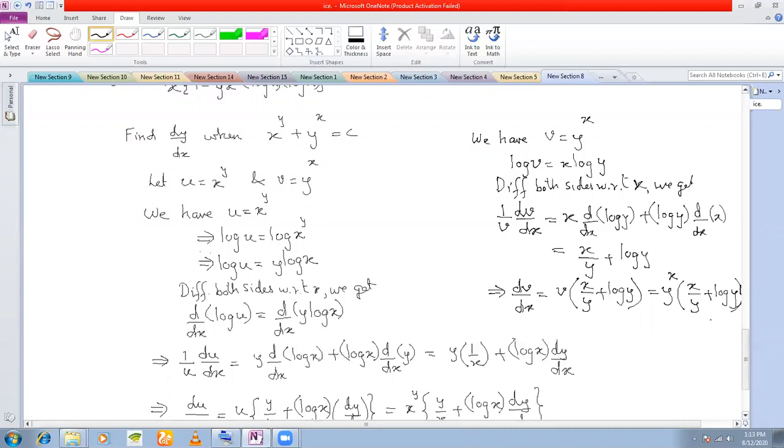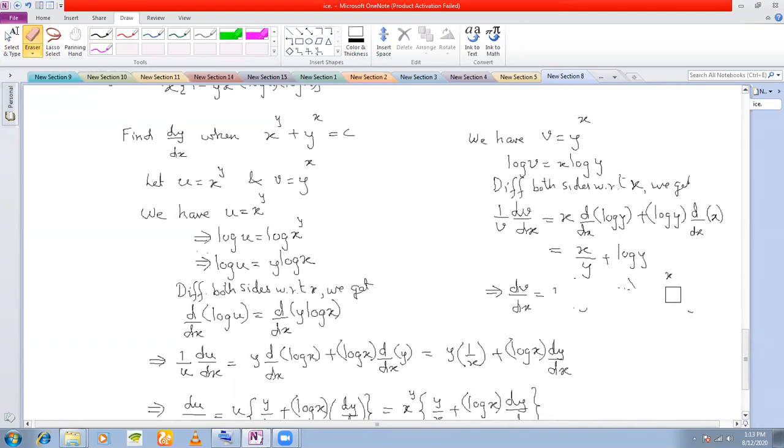Now there is a small mistake that I have made here, which you did not correct me. I am differentiating log y with respect to x. So this will be x by y into dy dx, isn't it? Because I am differentiating log y with respect to x. So first I'll differentiate log y with respect to y and then multiply it with dy dx, plus log y. Okay.